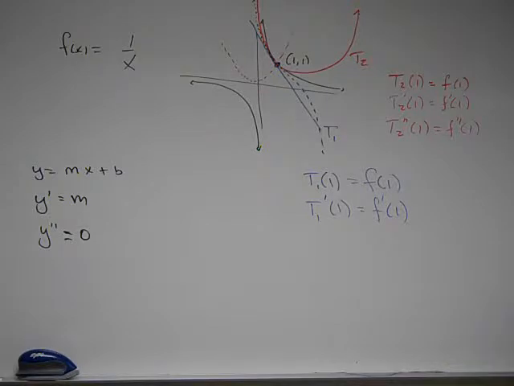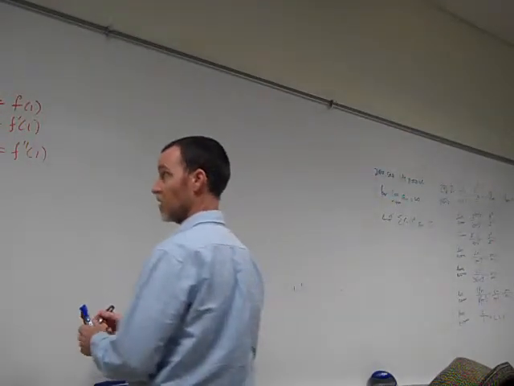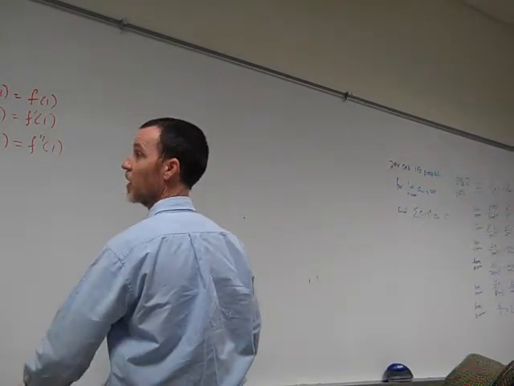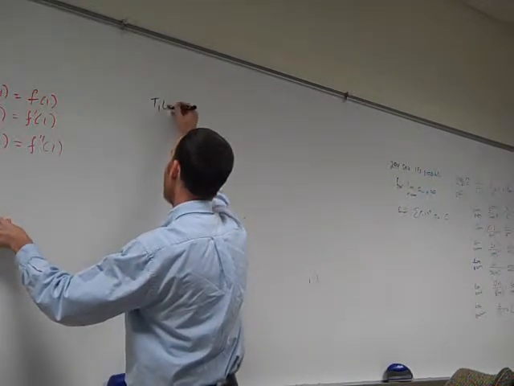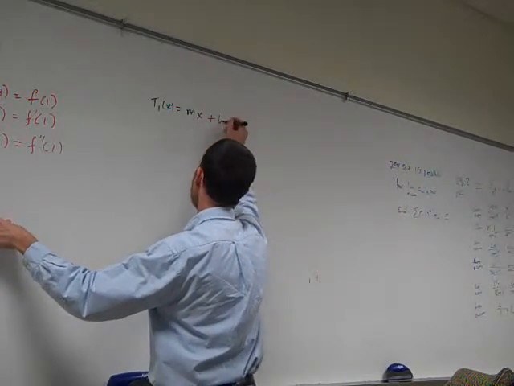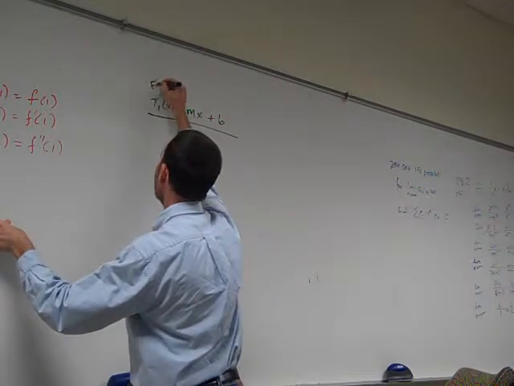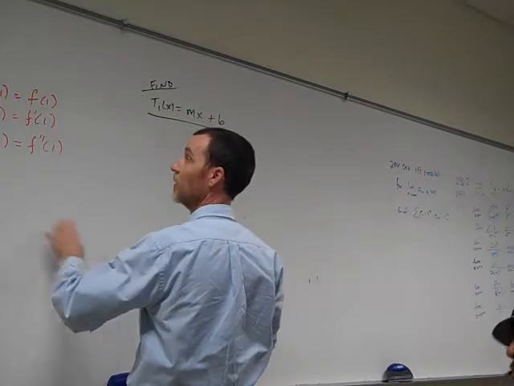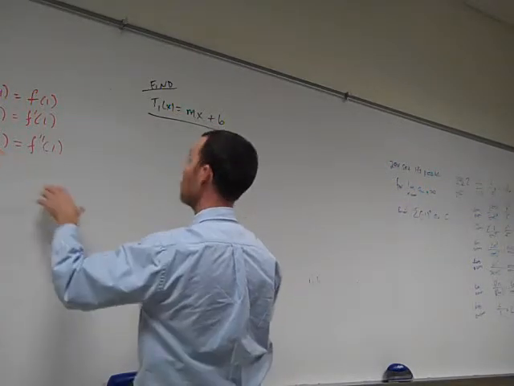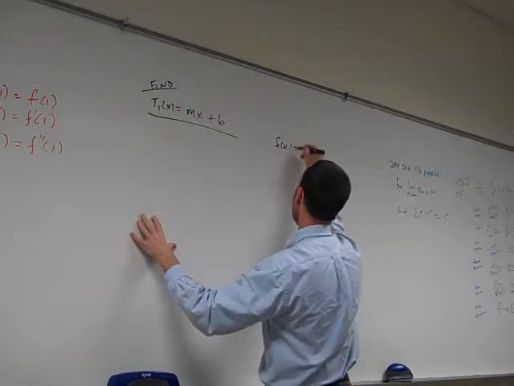The first part is calculus 1, right? So the first part is I want to find T1 of x is mx plus b. Okay, let's see. F of x is 1 over x.